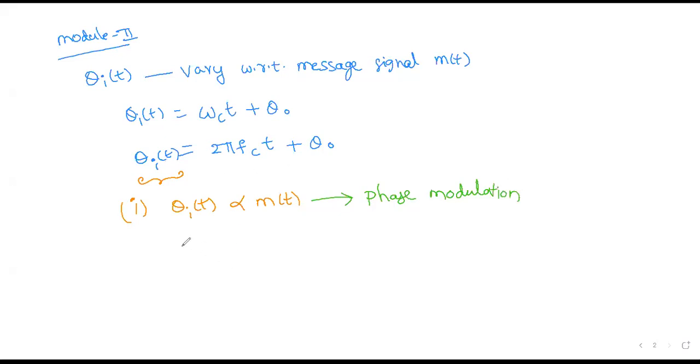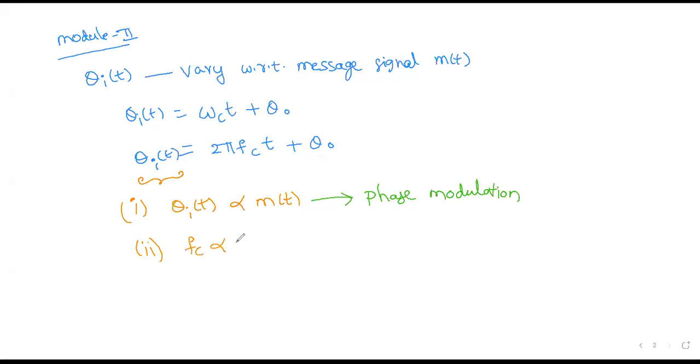So one way is you can directly change the phase of the carrier signal, and if that is the case, we call that modulation phase modulation. And the second way is you change fc.